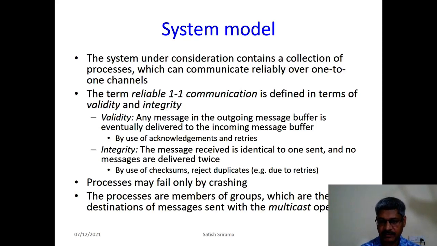You will retry so that the message reaches, because this one-to-one communication is reliable in this case. Of course, if you want to ensure there is no tampering of the message, then you can use checksums.